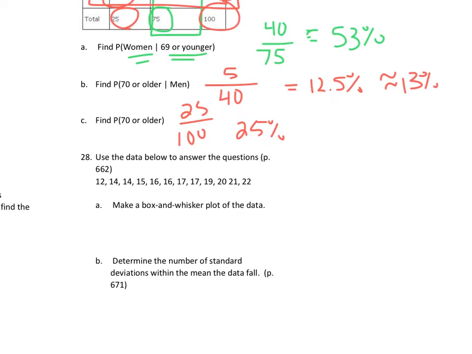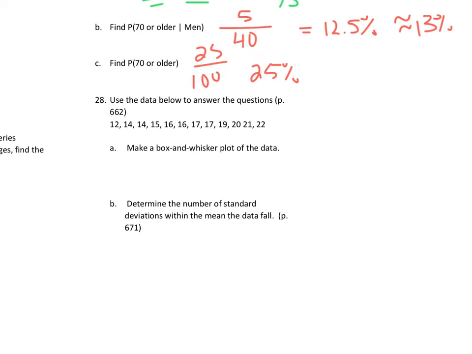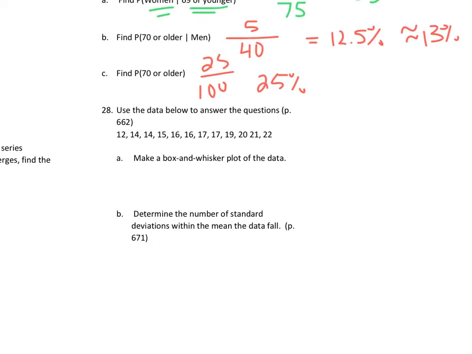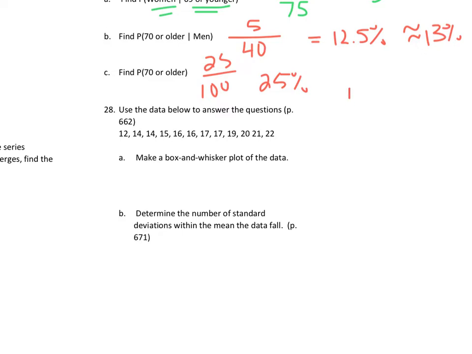Okay, number 28, use the data below to answer the questions. I put these numbers into L1, and then after you do L1, you want to calculate the one-variable statistics.